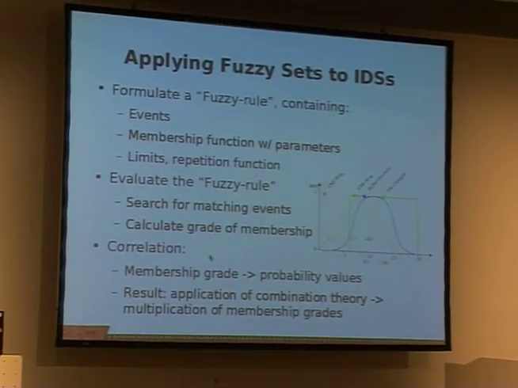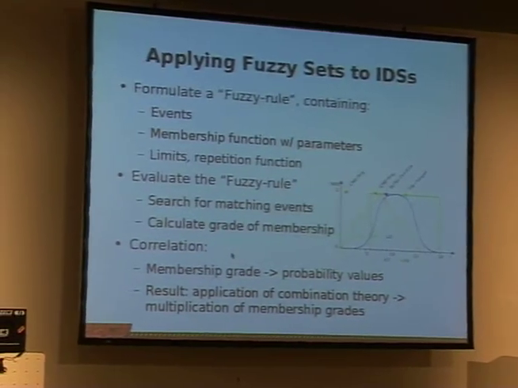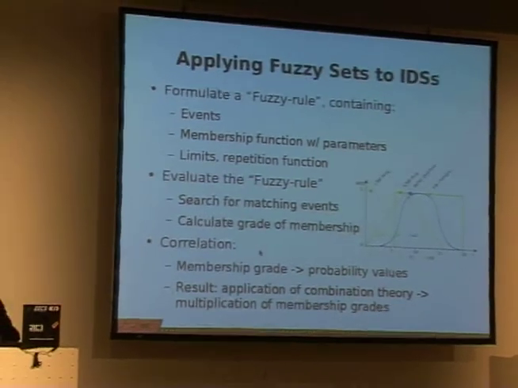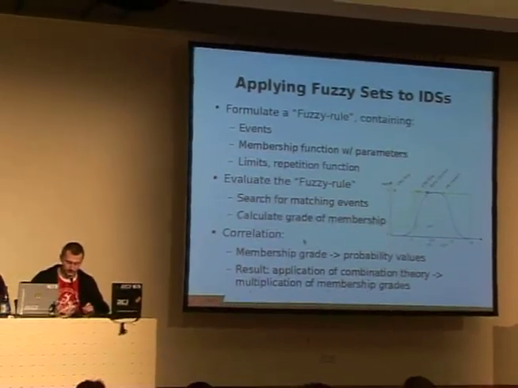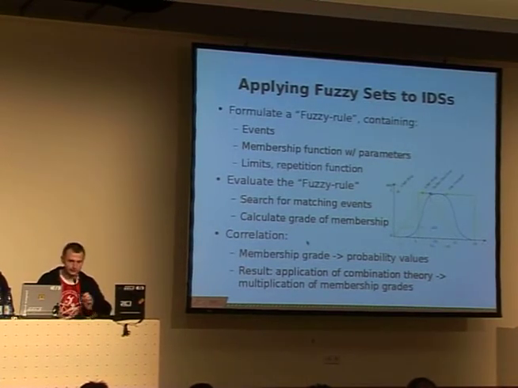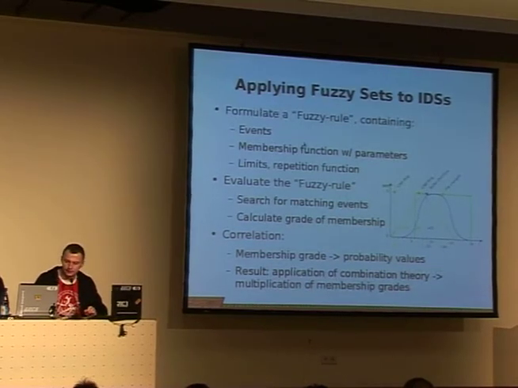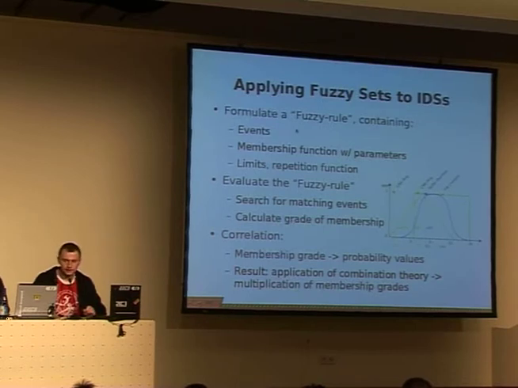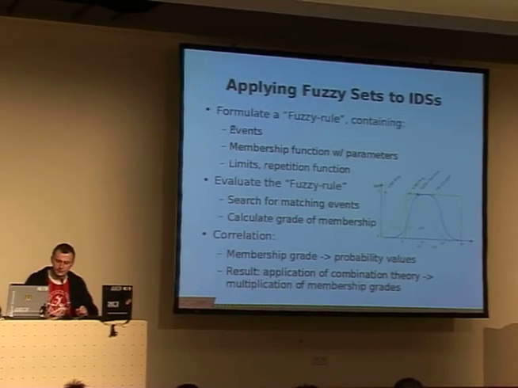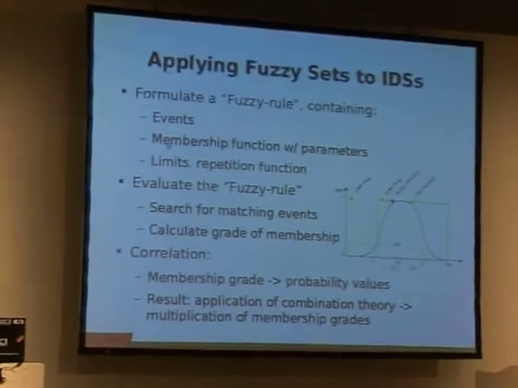So, you just heard about the idea behind fuzzy technologies, fuzzy sets, and so we can make use of them for IDS. The first step would be to formulate a so-called fuzzy rule. Each fuzzy rule must contain the events we are looking for.